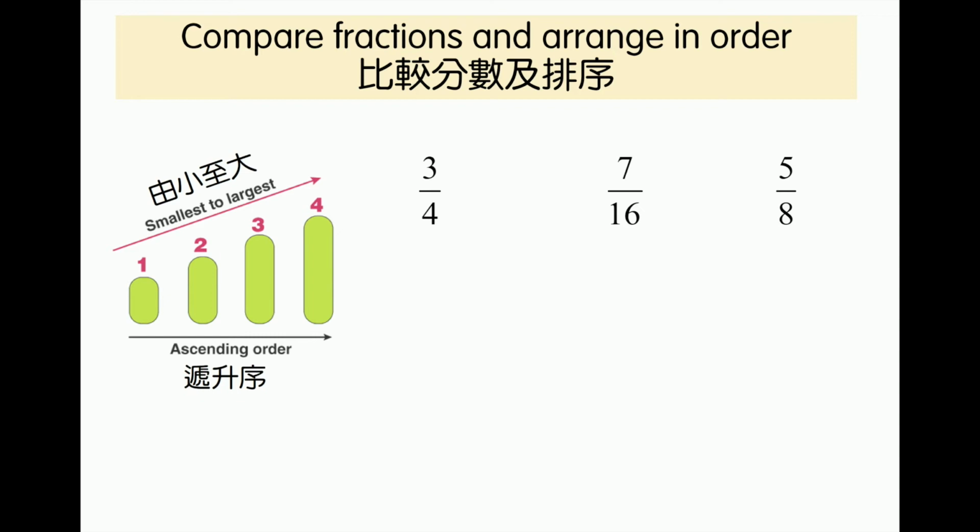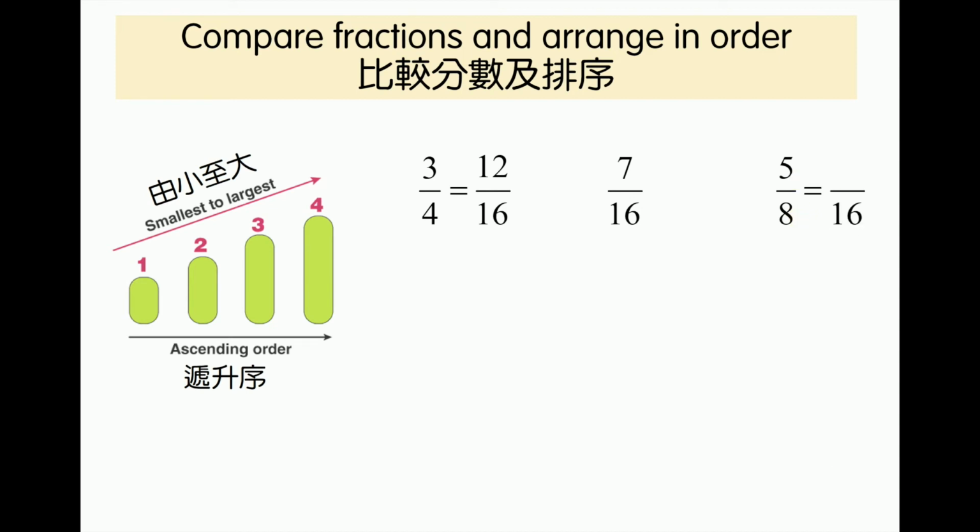In this question, if we do an expansion to make the denominator the same, then we could easily arrange them. For example, 3 over 4, we want to make the denominator 16. Since we know that the denominator is multiplied by 4, we do the same for the top, so it's now 12. We do the same thing for 5 over 8.